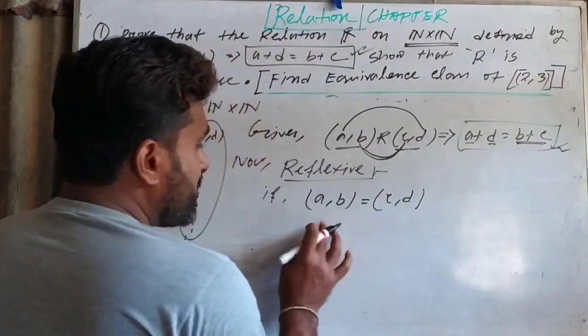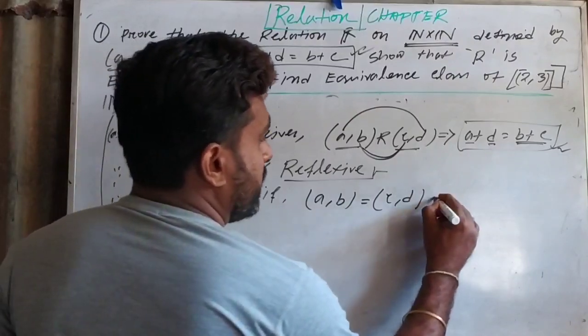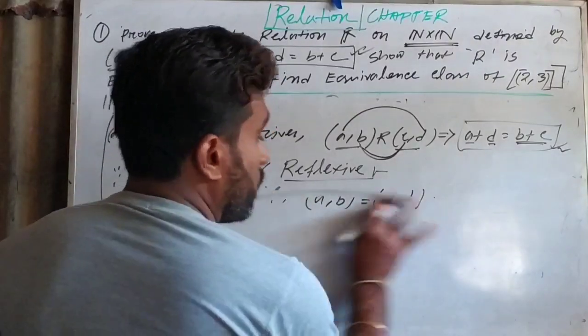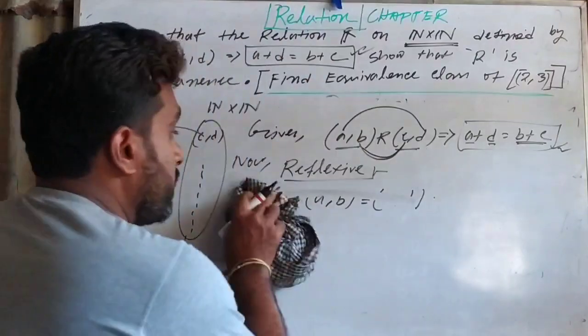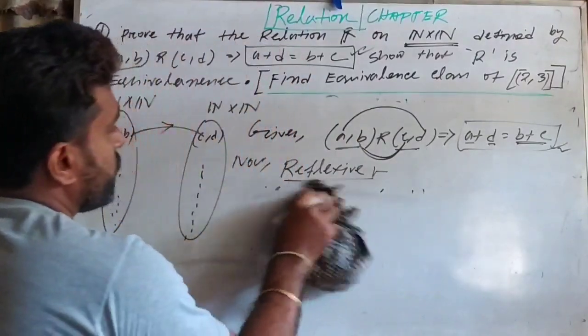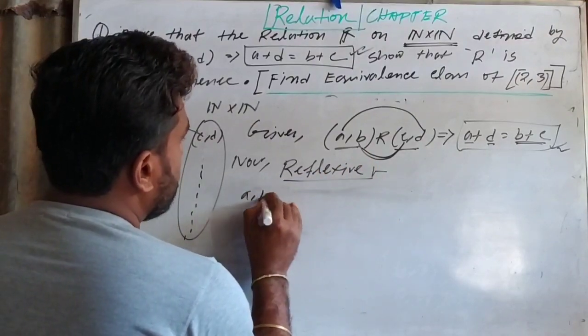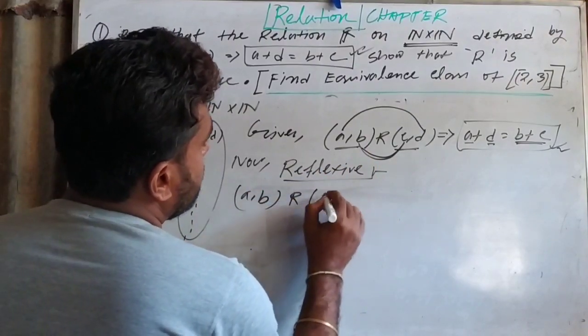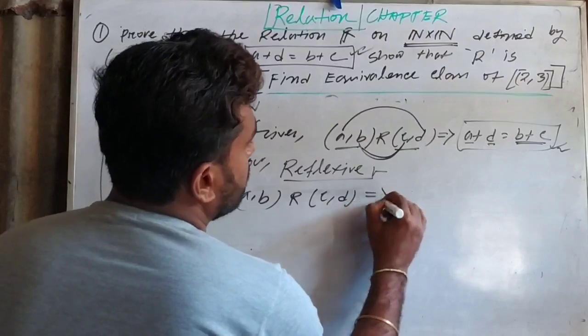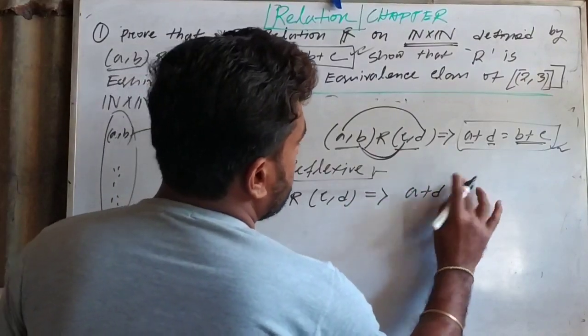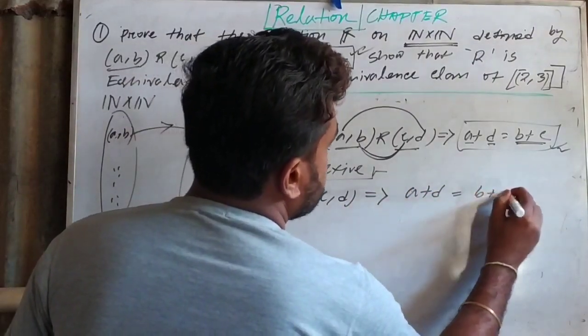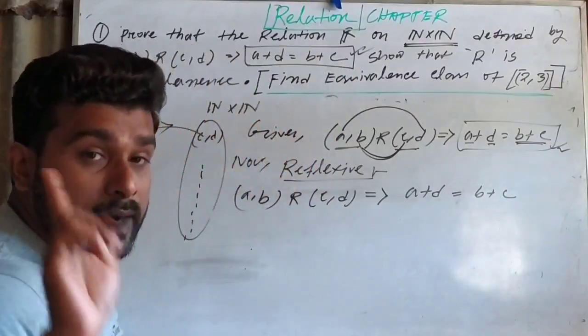So if these two elements are same, then at first you have to write the given condition first. After that, all of the things will be solved. Here (A, B) R (C, D) implies A plus D equals B plus C. It is your given condition.